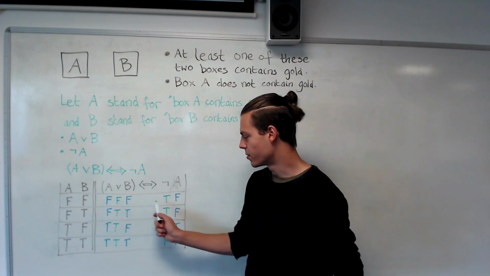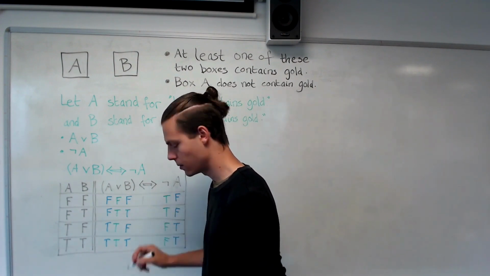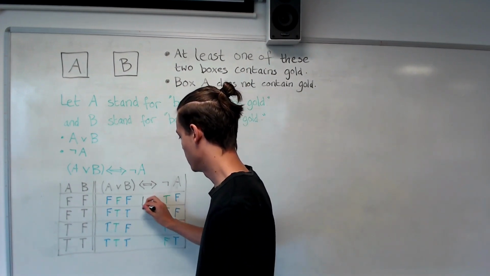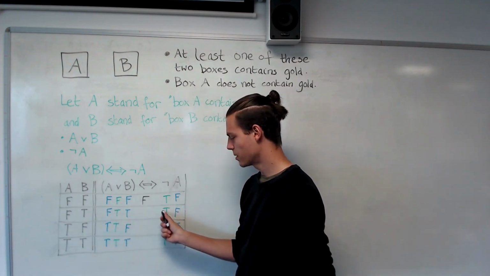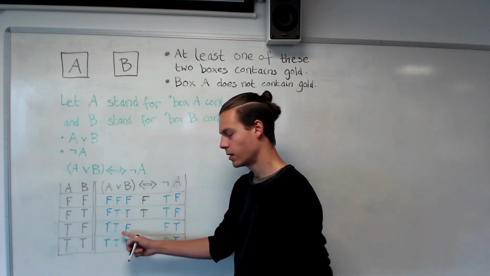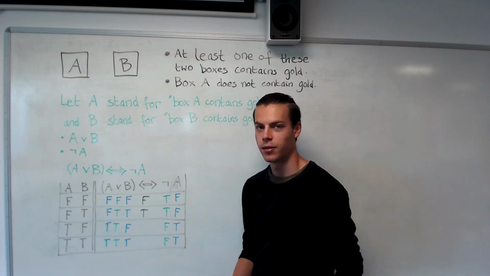So we have false and true, gives us false. True, true gives us true. And then true, false, and true, false both give us false.